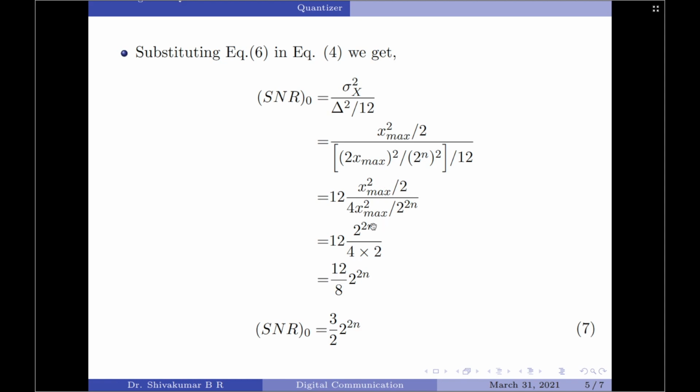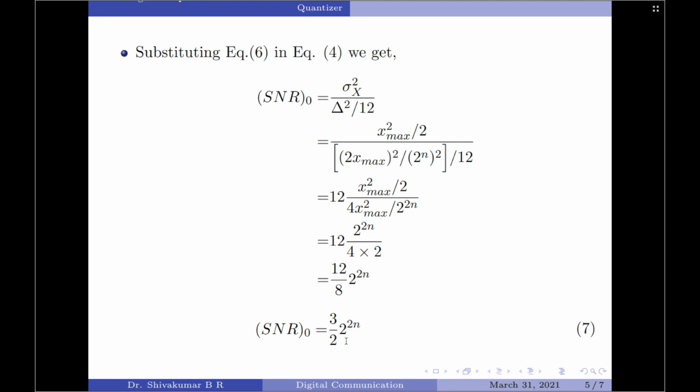So it is 2 to the power of 2n divided by 4 multiplied by 2. Upon simplifying, we will get it as 12 divided by 8 into 2 to the power of 2n, which equates to 3 divided by 2 into 2 to the power of 2n. This is the expression for the output signal to noise ratio of a Midriser quantizer.